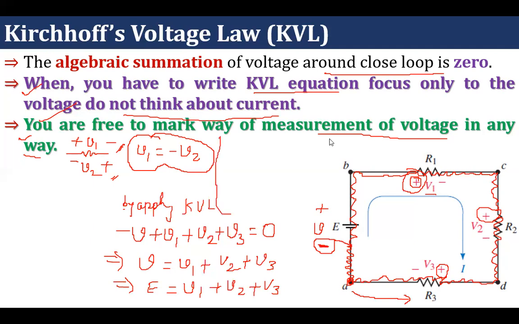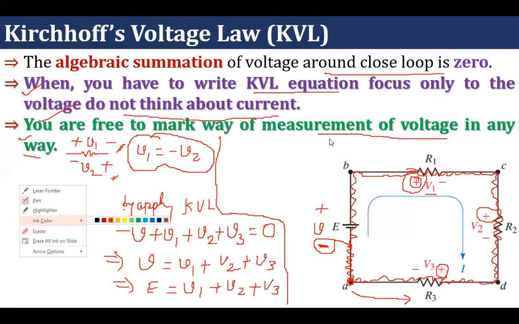Okay, let me choose some other color. So I am taking blue color, and in this blue color I'm going to write the mathematical equation. So this time I'm moving in anti-clockwise direction.